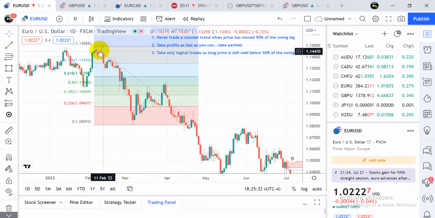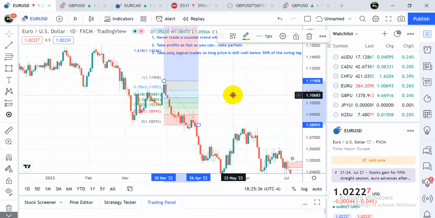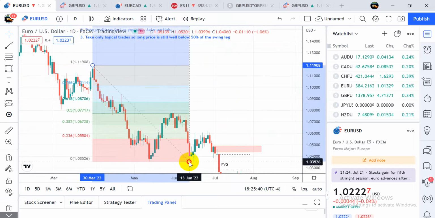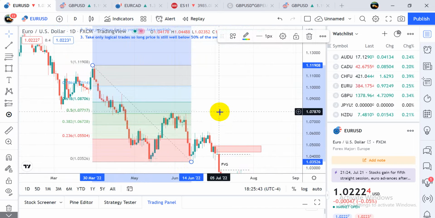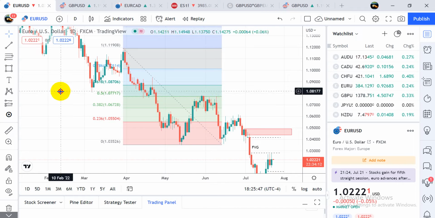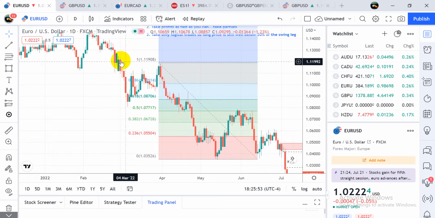So let us take that, this high to this low, and what do we have there? 50%. So in this case you can see that even at the 50% price saw something to reject from. You can see this solid order block here.